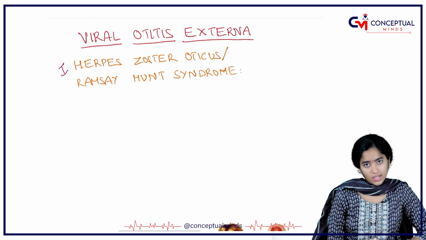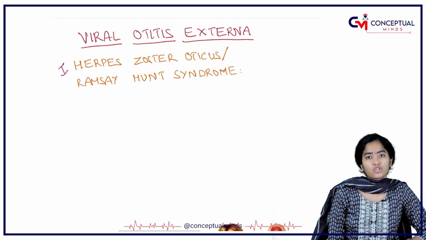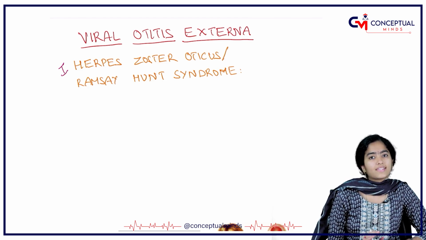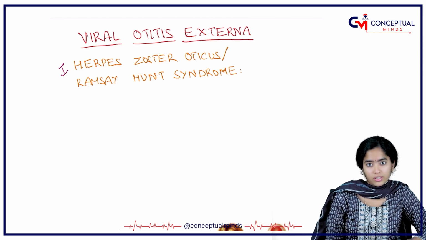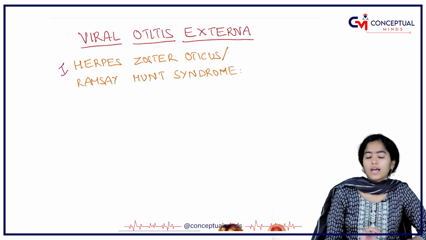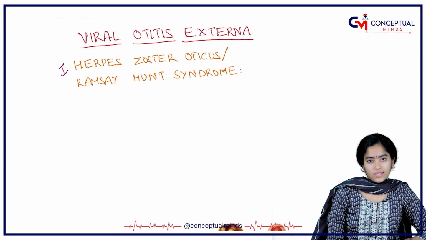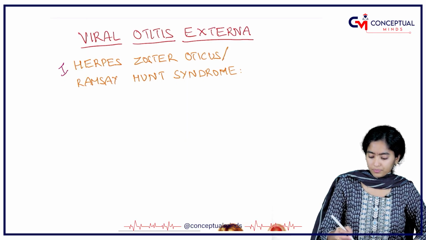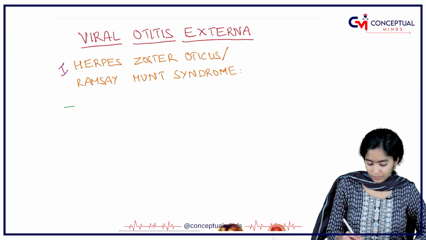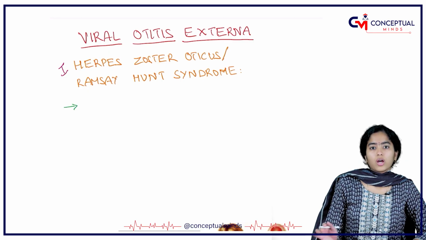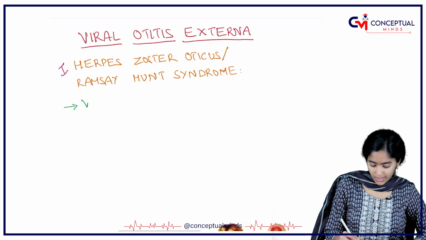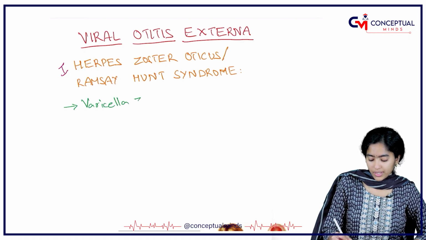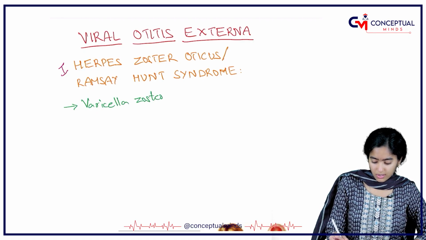Now, when this Varicella zoster virus is lodged in the geniculate ganglion, a sensory ganglion of the facial nerve, it causes this Herpes zoster Oticus. So, this disease is characterized by an infection with Varicella zoster virus. The primary infection doesn't cause this.